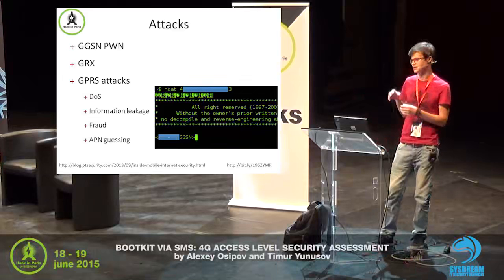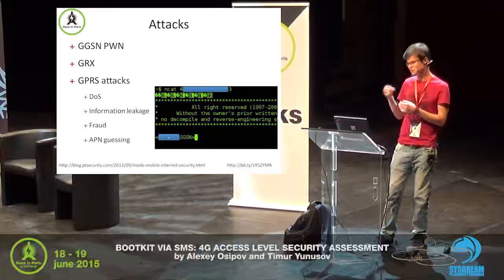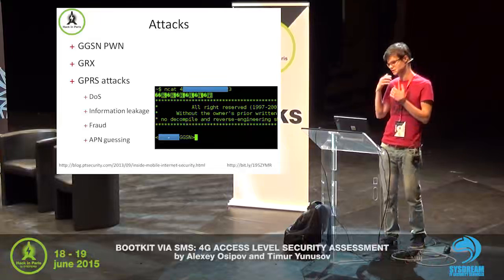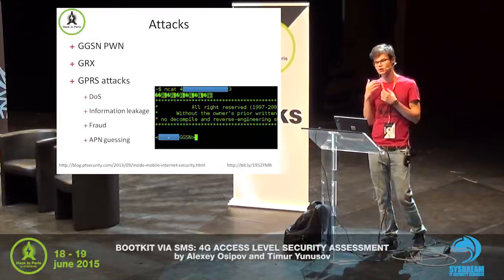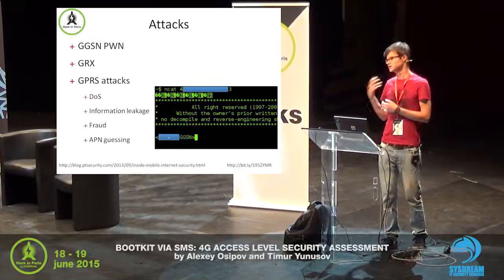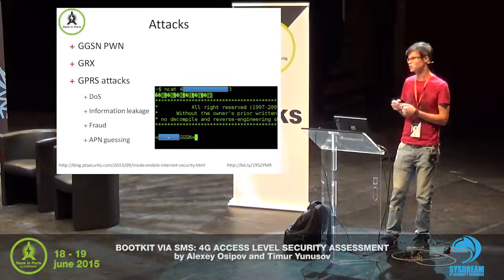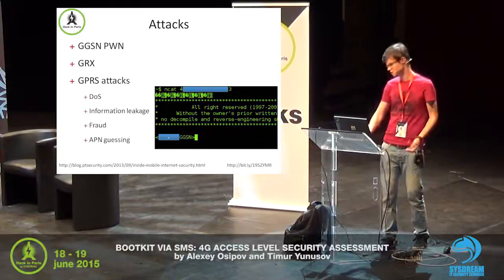You can attack GTP protocols, GTP applications, and get denial of service, or steal some private information, or steal some money and commit fraud, or you can get inside of some private APNs.